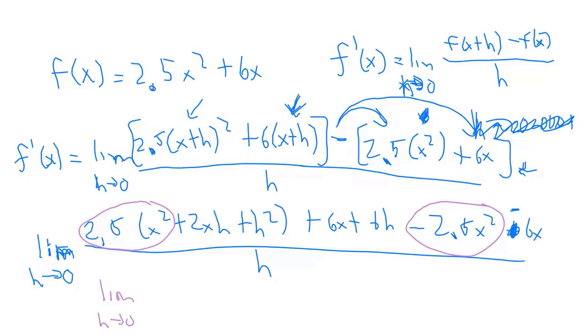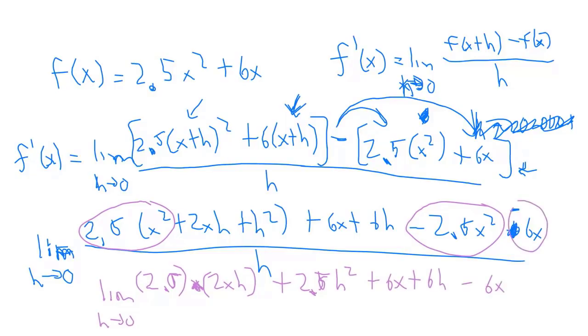And so we're left with 2.5 times 2xh plus 2.5 h squared plus 6x plus 6h minus 6x. So don't forget this one. And actually these two cancel, so we can get rid of those. And we're left with all of this over h.